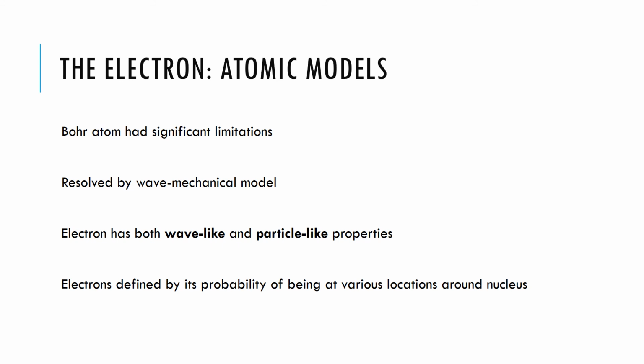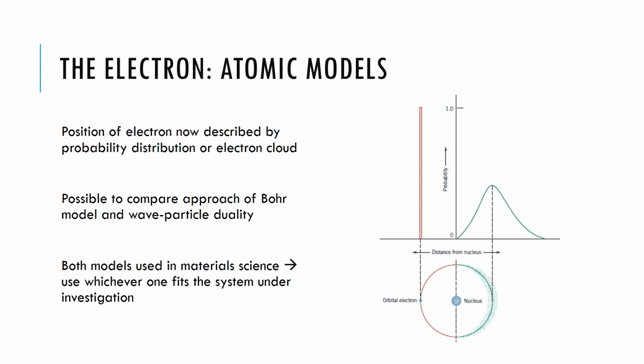So a probability of being at a particular location around the nucleus. So the position of the electron is now described by a distribution of probability, or what we would call an electron cloud, or which is perhaps now commonly known as an atomic orbital.